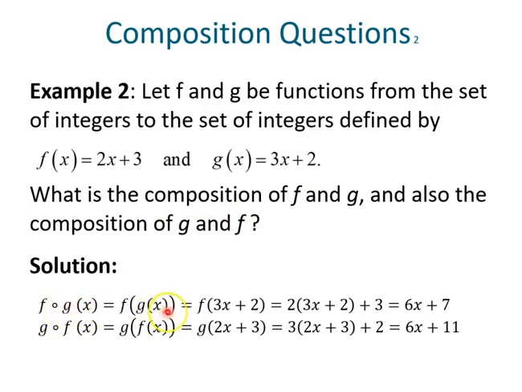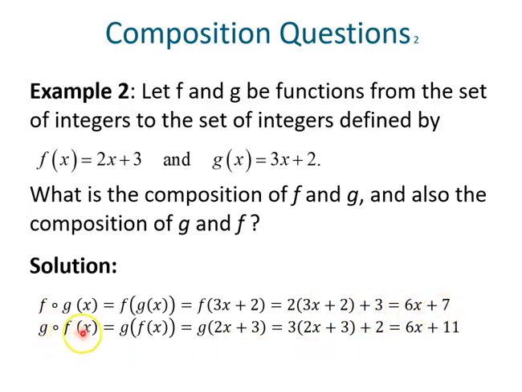We apply the definition. g of x is 3x plus 2, and f of 3x plus 2 is 2 times this thing plus 3. Apply the distributive law and simplify, you get 6x plus 7. 2 times 2 plus 3 is 7.